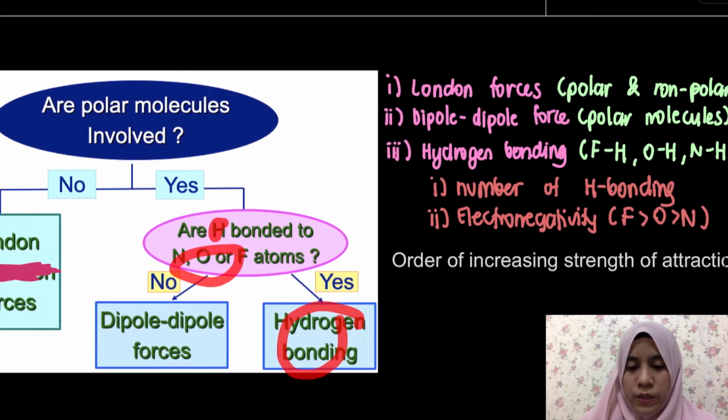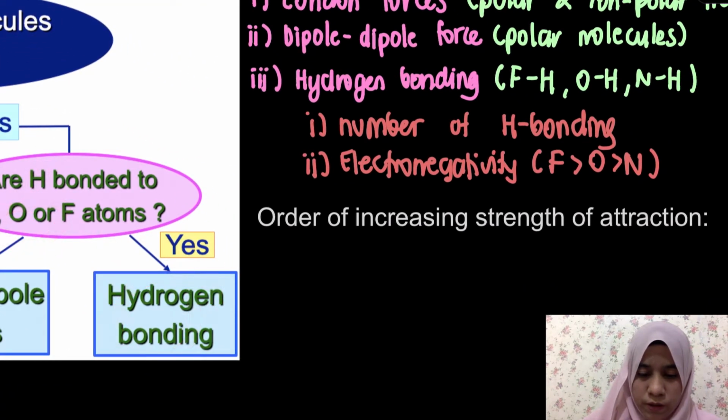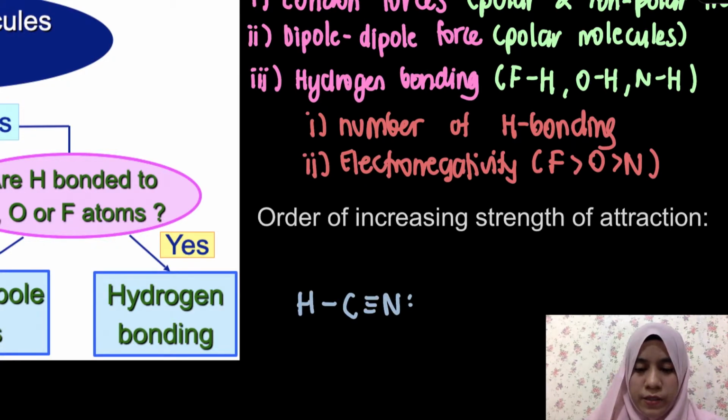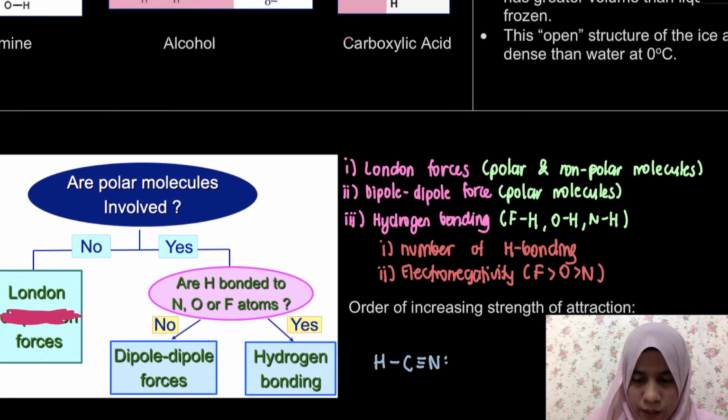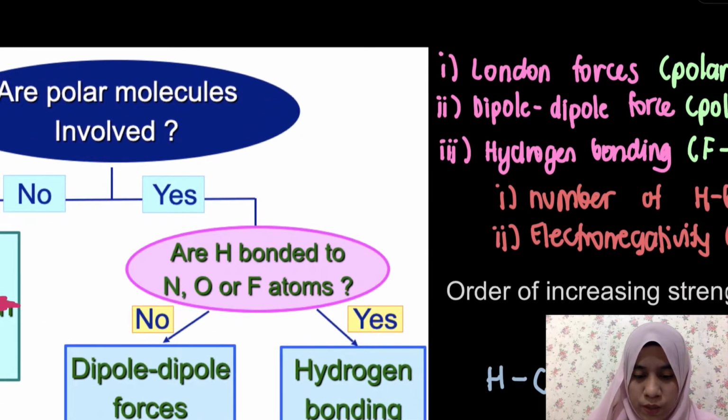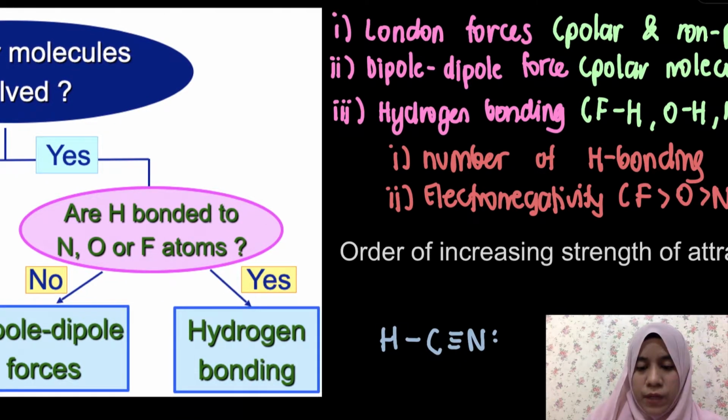So for example, I'm just going to write down an example. We have HCN. For this case, remember, the shape is linear. To know whether it is polar or non-polar, we have to draw the dipole moment. Between carbon and hydrogen, carbon is more electronegative. Between carbon and nitrogen, nitrogen is more electronegative.